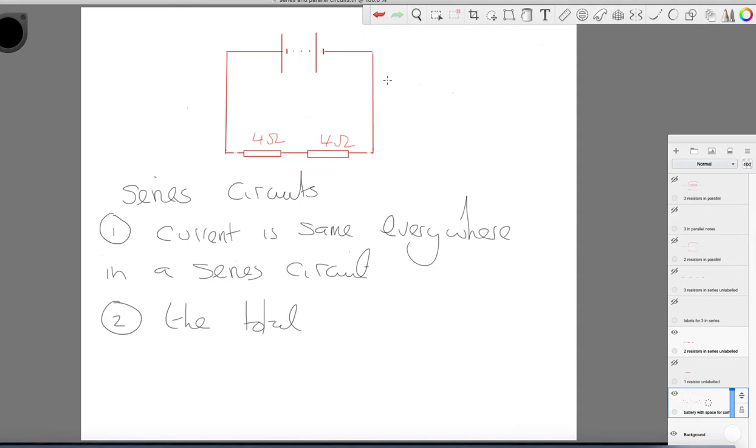So, if we've got 12 volts across here, so the battery PD, potential difference, voltage, is 12 volts. That means going from here to here, the current flows this way, you gain 12 volts. This is about energy.